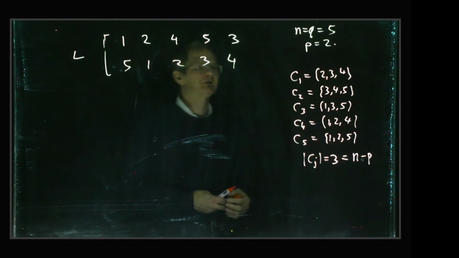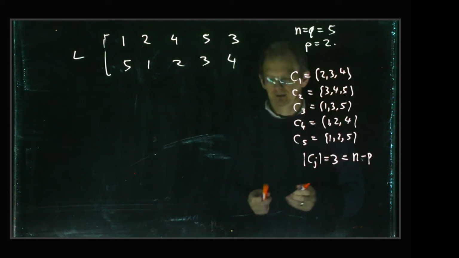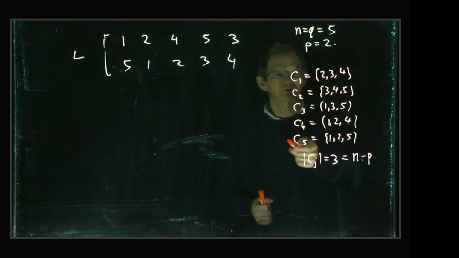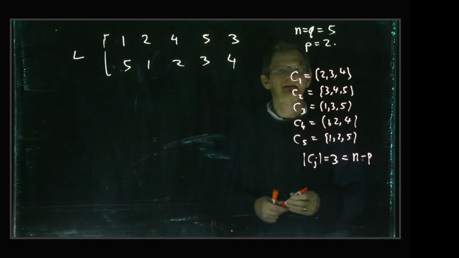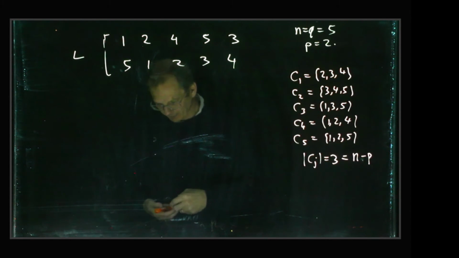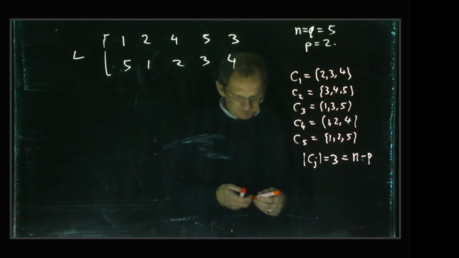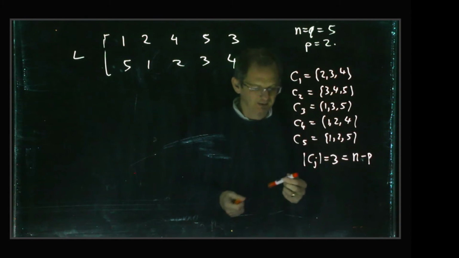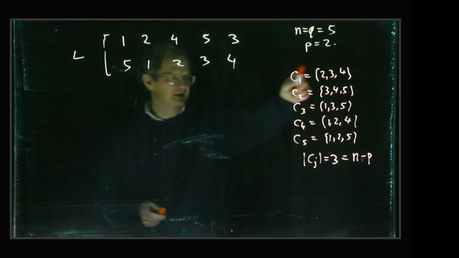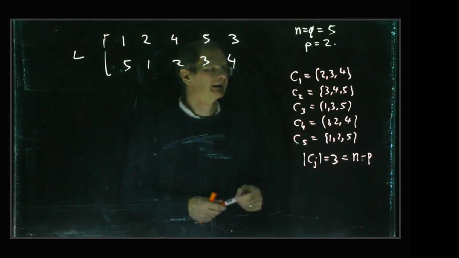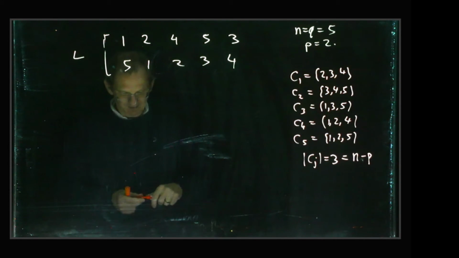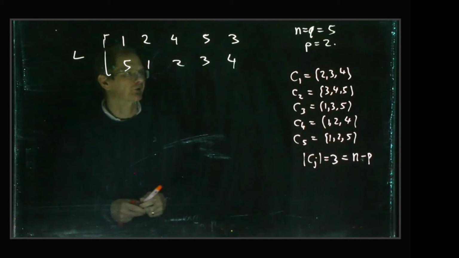So we need to choose elements from these various sets, and they all have to be distinct. We don't have a terribly systematic way of doing this. The theorem tells us it's possible to choose distinct elements, one from each of these sets, but it doesn't really tell us how to do it. Well, let's just try.